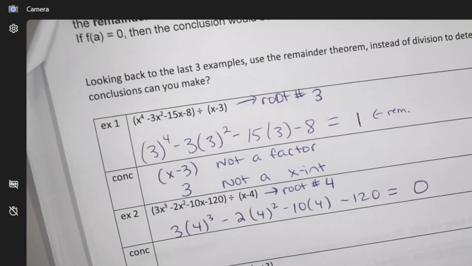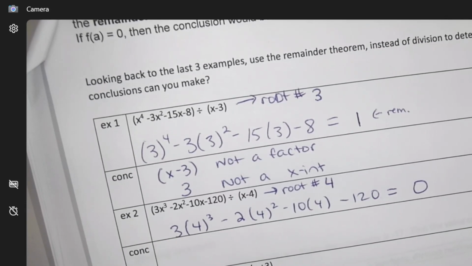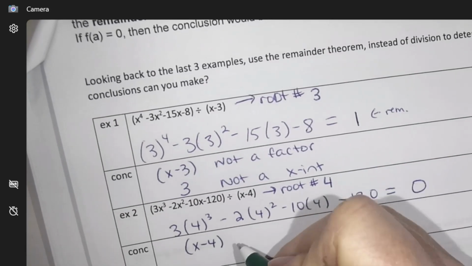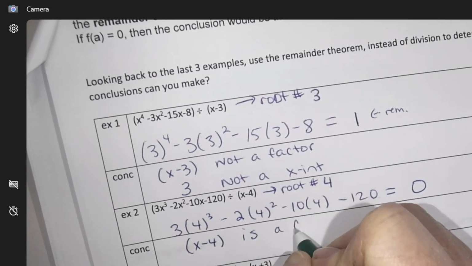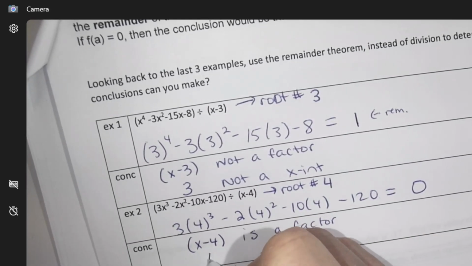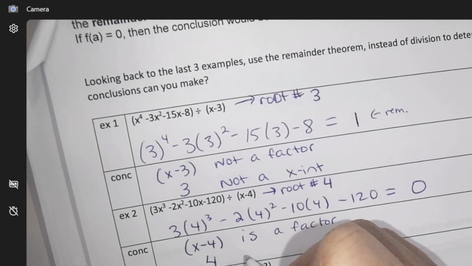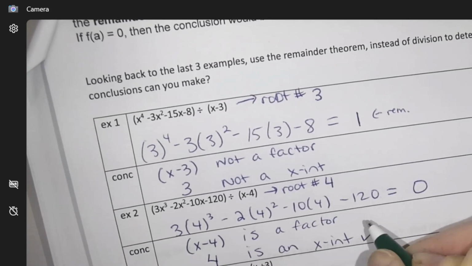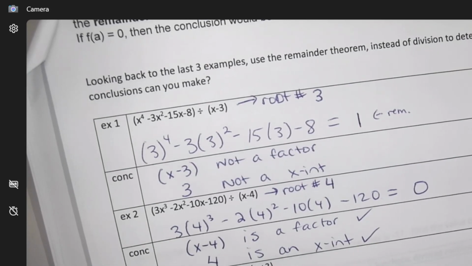Okay, 0. There's no remainder. So what do I conclude? I can now tell you that x minus 4 is a factor. And I can also tell you that positive 4, the number, is an x-intercept. Those things are true because there was no remainder, okay?